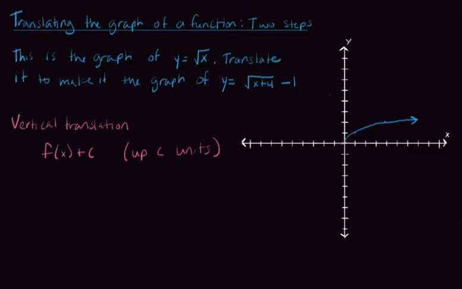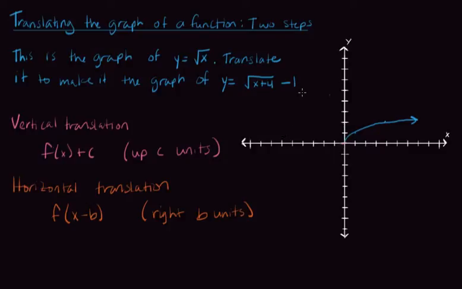And a horizontal translation is f of x minus b, and here we go to the right b units. Okay, so let's look at these translations independently.